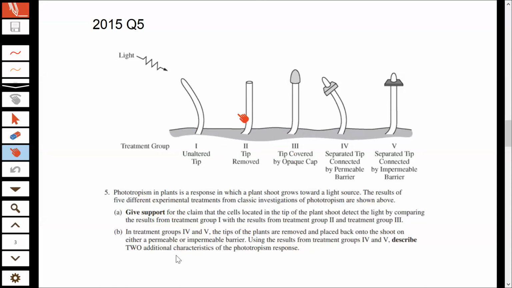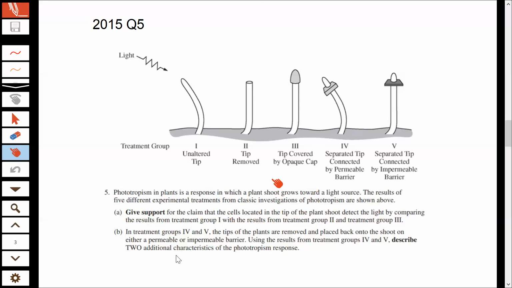If we combine this, we know it's in the tip, and we know it's a light sensory response. So we can give support for the claim that there's a light sensory response located in the tip, that cells located in the tip detect the light. We showed that it's the tip and we showed that it's the light.